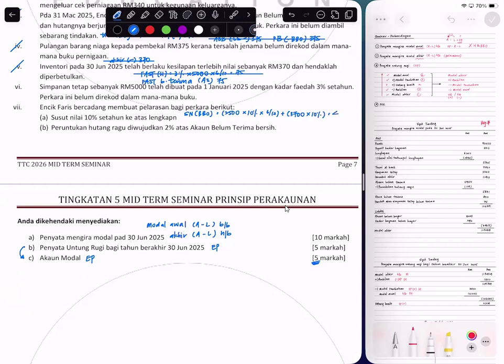It will be 495. Then continue SNT to minus ABS. And we can't see any SNT given in the question, right? Means 0. Add with this year SN, 495.